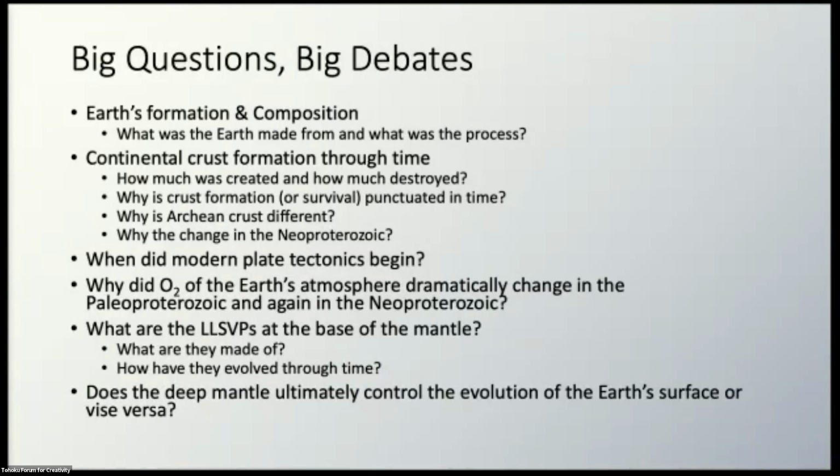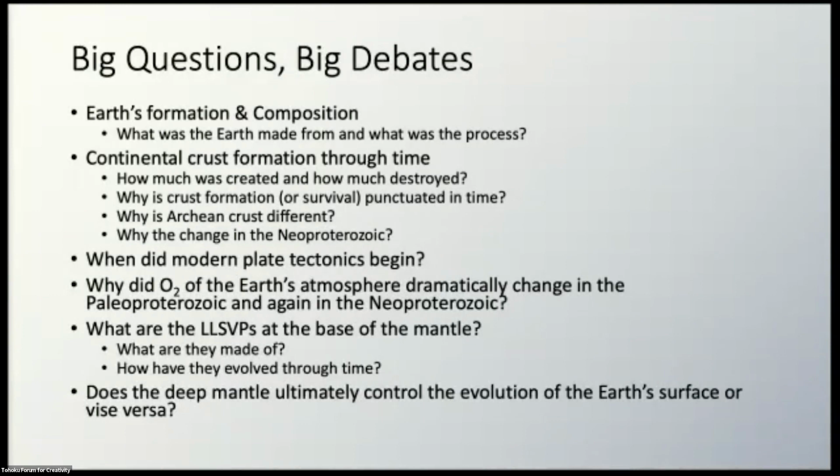Why is Archean crust different than post-Archean crust? Why was there another change in the Neoproterozoic? When did modern plate tectonics begin? Why did the oxygen in the Earth's atmosphere change dramatically twice, again in the Neoproterozoic and in the Paleoproterozoic? Is there a connection between those things?